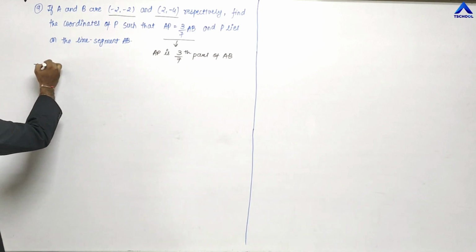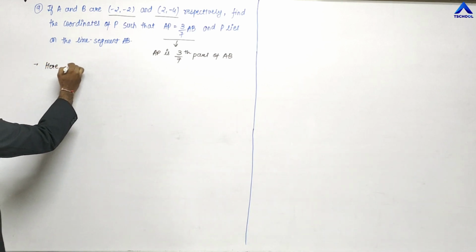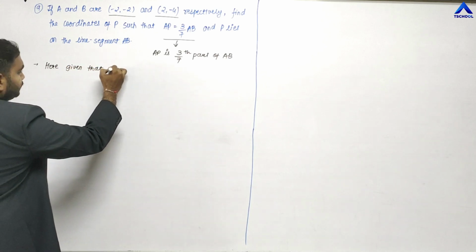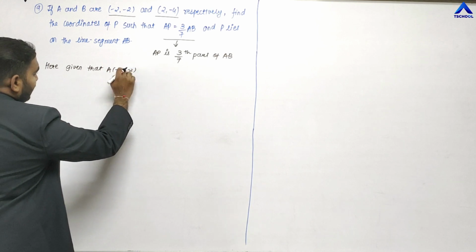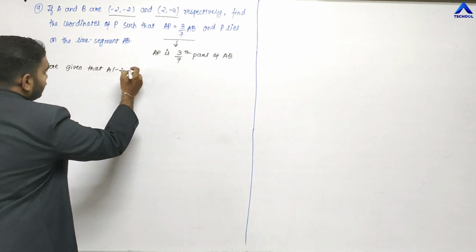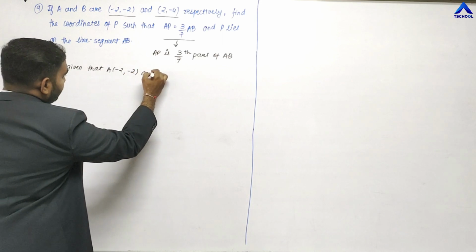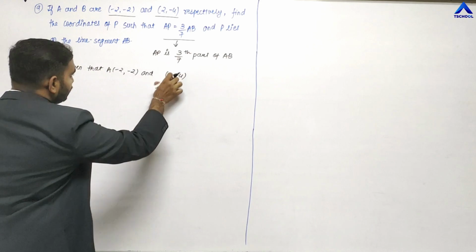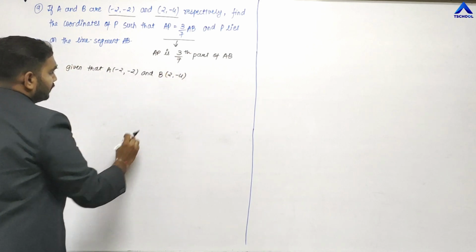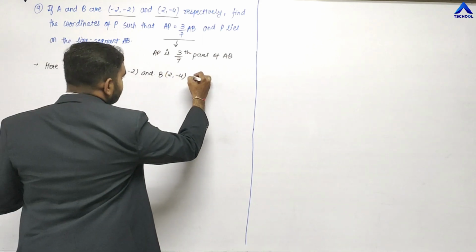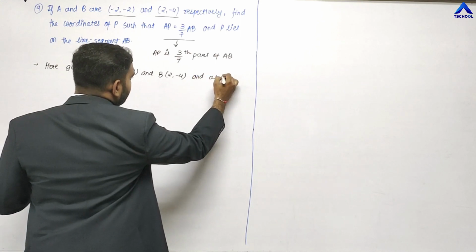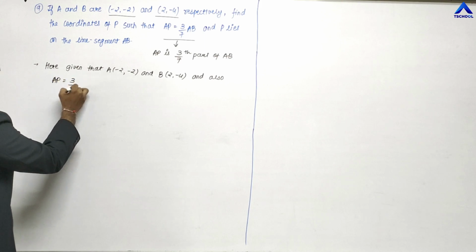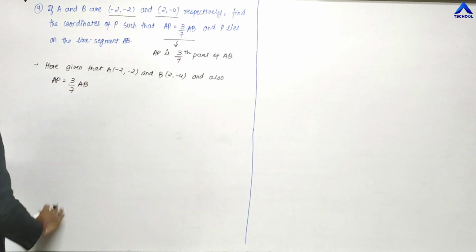Therefore, here given that A is minus 2 and B is 2 comma minus 4 and also AP is equal to 3 upon 7 AB.